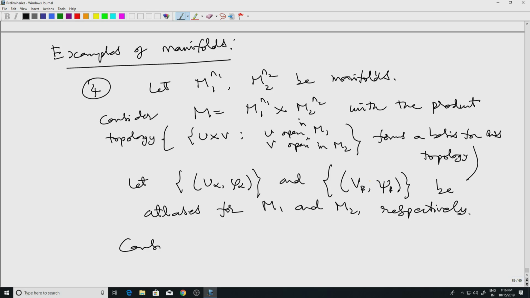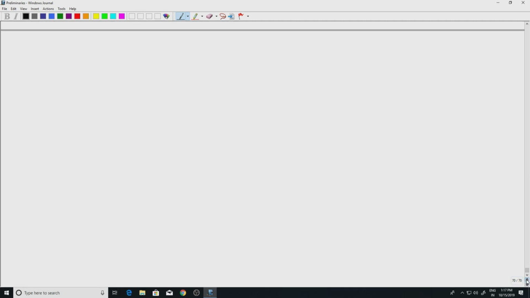Consider U alpha cross V beta, and then I'll define this map phi alpha cross psi beta, where the maps are defined as follows.